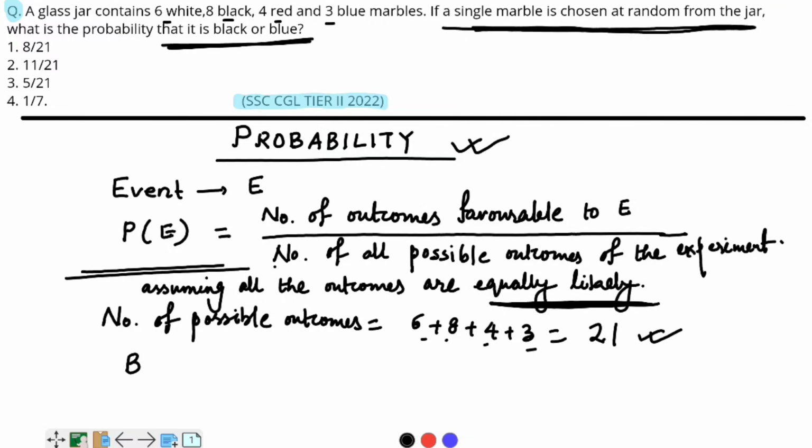The outcomes favorable to black are equal to how much? 8. We have 8 black marbles. Also the outcomes favorable to blue, let us take BL for blue, will be equal to 3 blue marbles.